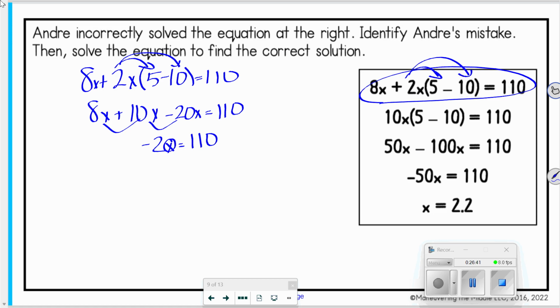Now we're at our solving point. The opposite of multiplying by negative 2 is dividing by negative 2. These go away. X equals negative 55 should have been your answer. His answer was even wrong. It should have been negative 55, because even at this point, it should have been a negative. Questions on that one?